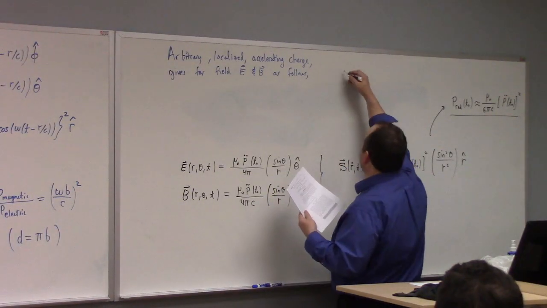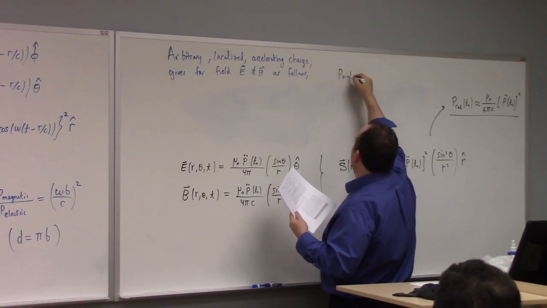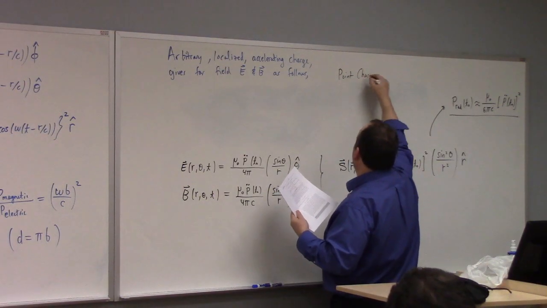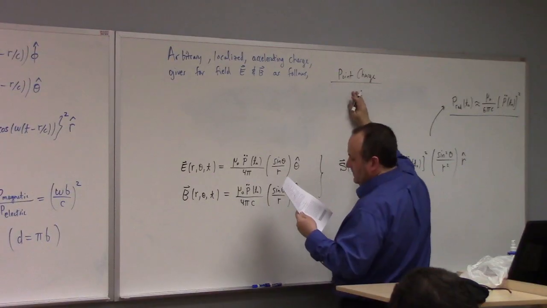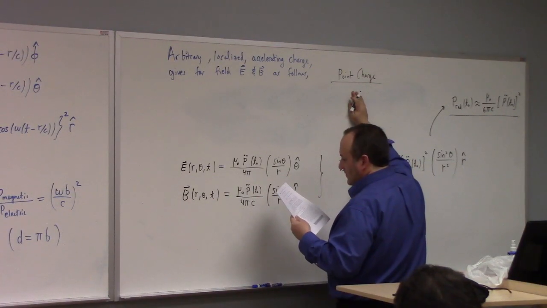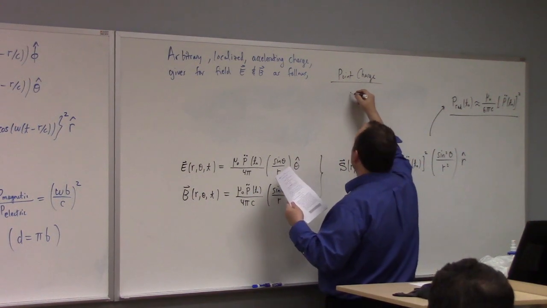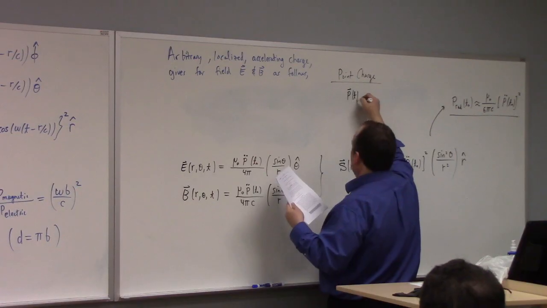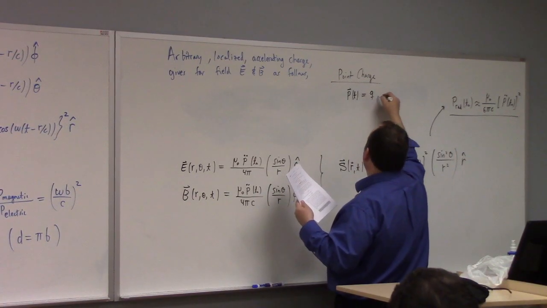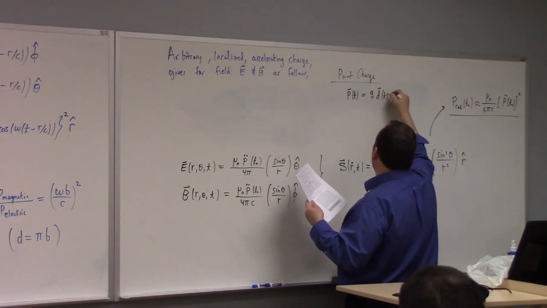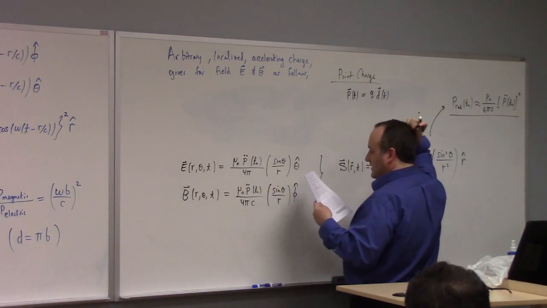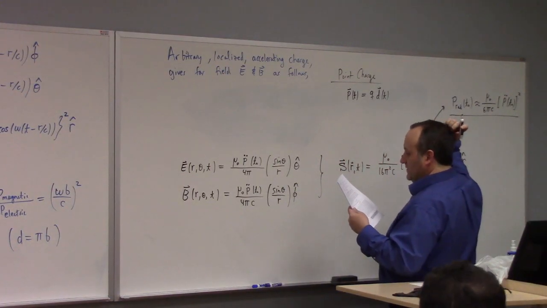So for a point charge, as he says, for a single point charge q, the dipole moment is p of t equal to q d of t, where d is the position of q with respect to the origin.